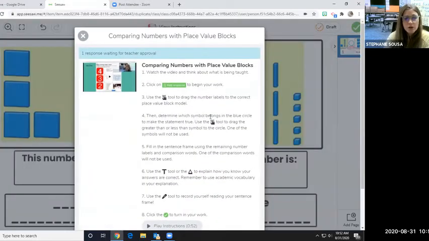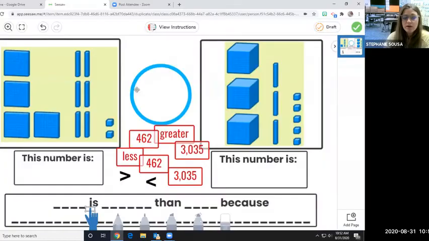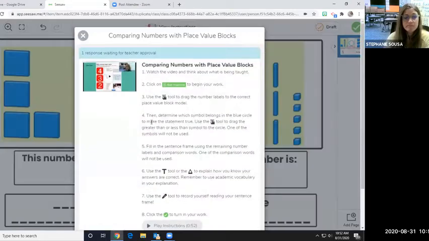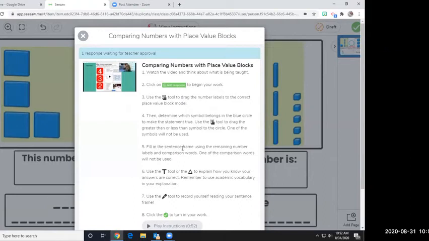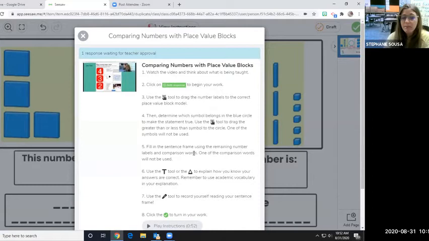It says then determine which symbol belongs in the blue circle. We talked about that. One of the symbols will not be used. There is only one circle. There are 2 symbols. So one of them will stay down here, and that's okay. Step 5, fill in the sentence frame using the remaining number labels and comparison words. One of the comparison words will not be used.